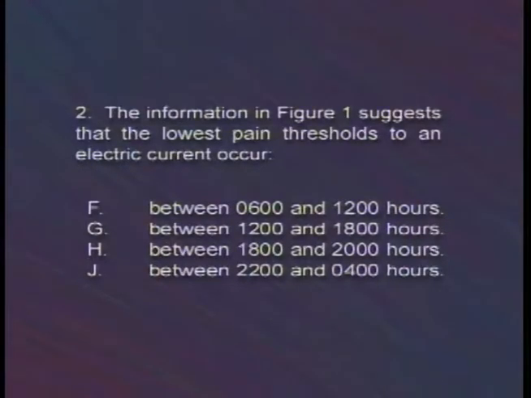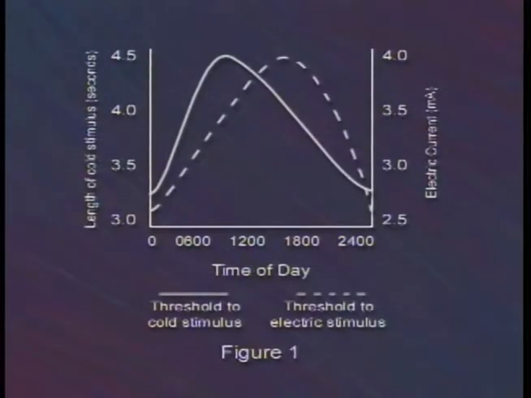Question 2. The information in Figure 1 suggests that the lowest pain thresholds to an electric current occur. Once again, we're using Figure 1. This time, however, we need to focus on the dotted line, the line that represents thresholds to an electric current. When do the lowest pain thresholds occur?